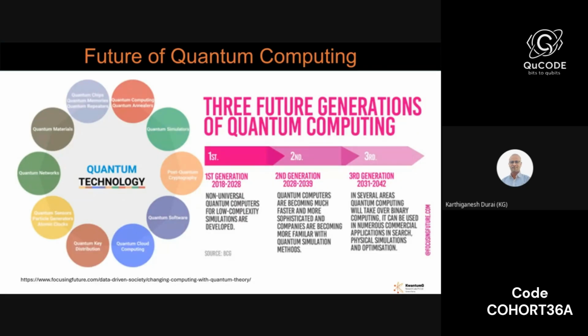The reason is multifold. The industry is in the first generation, so there are job requirements, but the level of knowledge and hands-on experience required is deeper than in the classical world. So the selection process is very stringent.